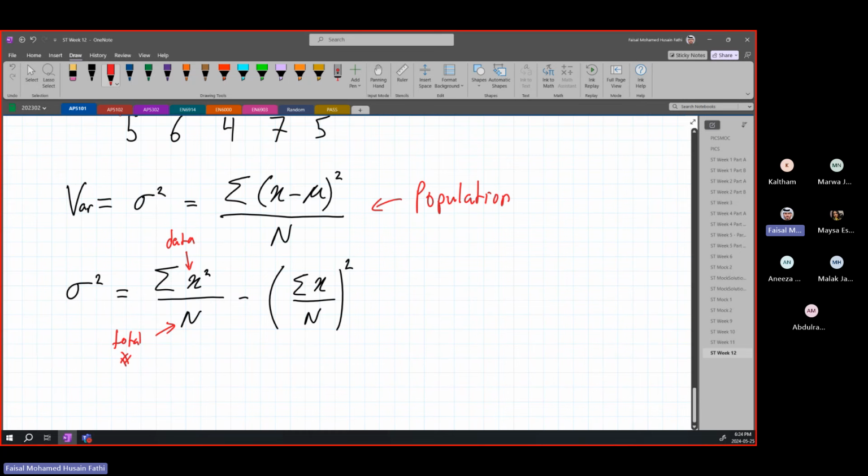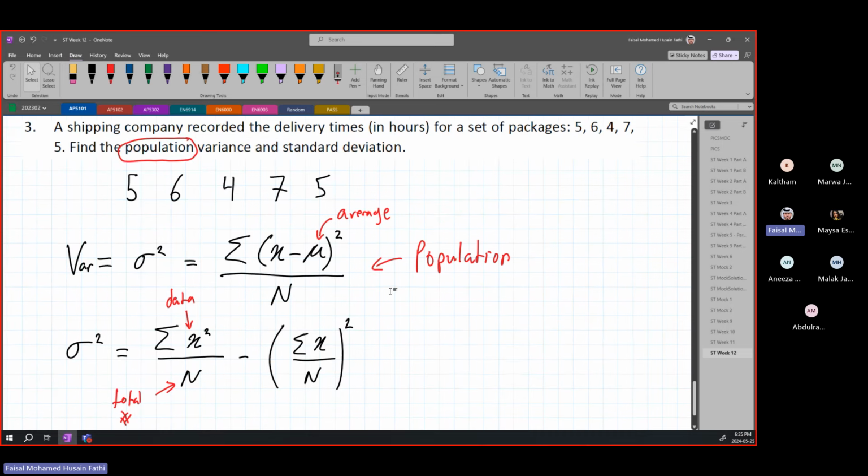Up here, the mu is the average. If you notice in this equation, you don't have to actually calculate the average at all, so it will reduce the steps.